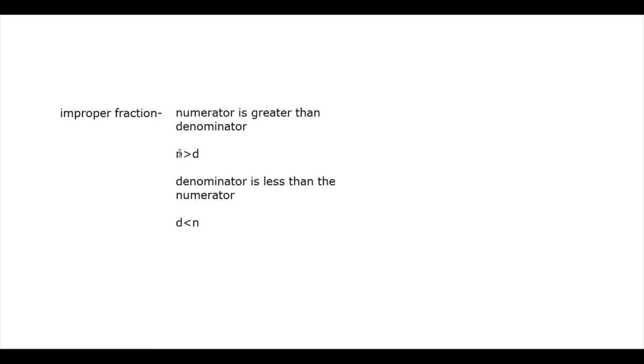So we have this kind of symbol. Do not forget that less than is pointing over there. Okay, the mouth is open over there, and number 2 definition is denominator is less than numerator.